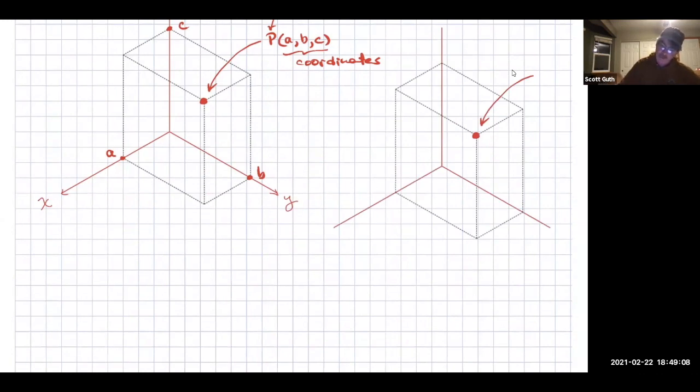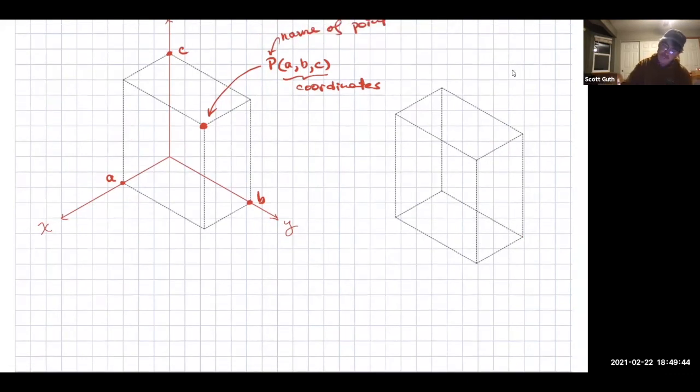I'm just going to draw another one of these. Okay, so this is a parallelepiped. That's the name of this shape, a three-dimensional object.